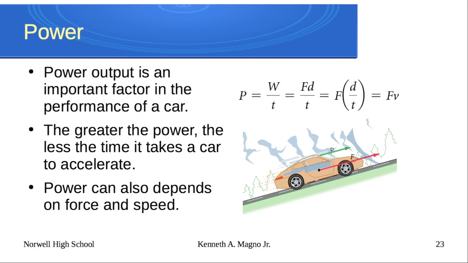So power is force times distance over time, and distance over time we defined as average velocity way back in our first chapter. So the other way to think of power is a force times an average velocity. You can think about a car going down the road or going up a hill. What is the force times average velocity doing? What's the minimum power it needs to do that? Or what power is needed, in other examples, to accelerate a car, to change its kinetic energy in a certain amount of time?